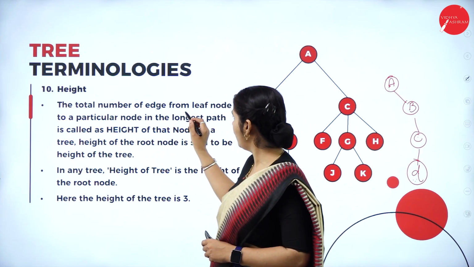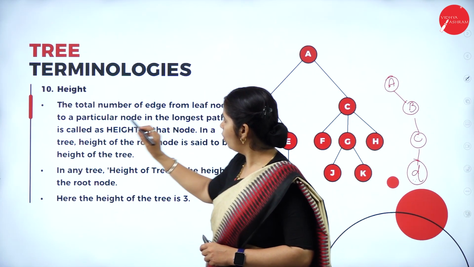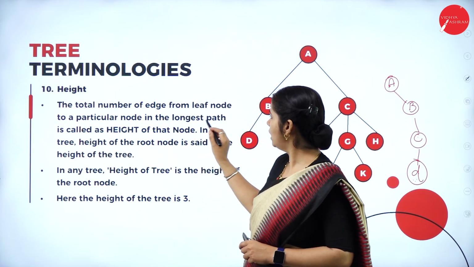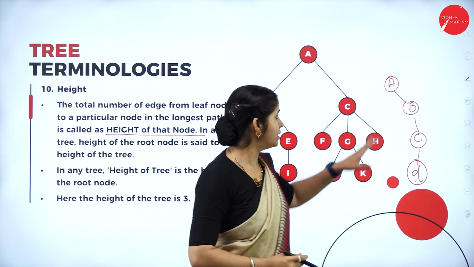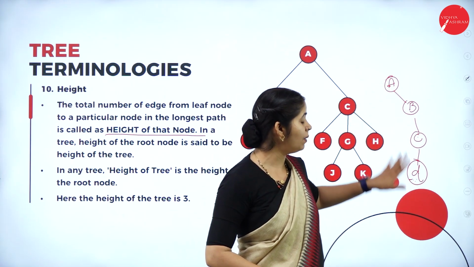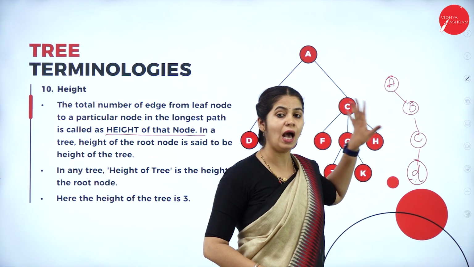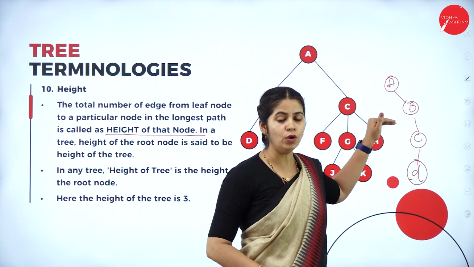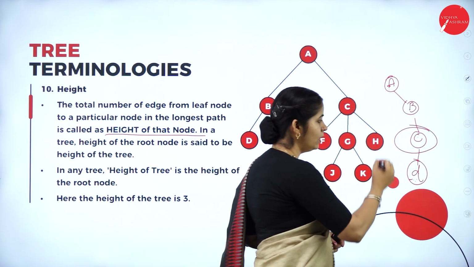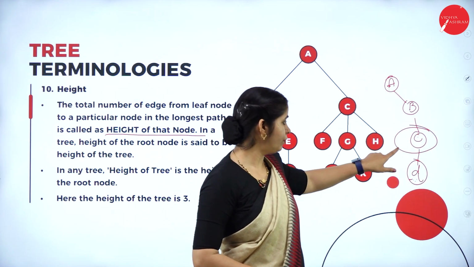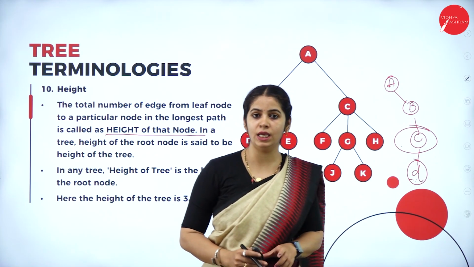The total number of edges from the leaf node to the particular node in the longest path is called the height. So when we consider from A to D, it is the longest path, which gives the highest value for the height. If I consider node C, that is the height from node C to the leaf node.